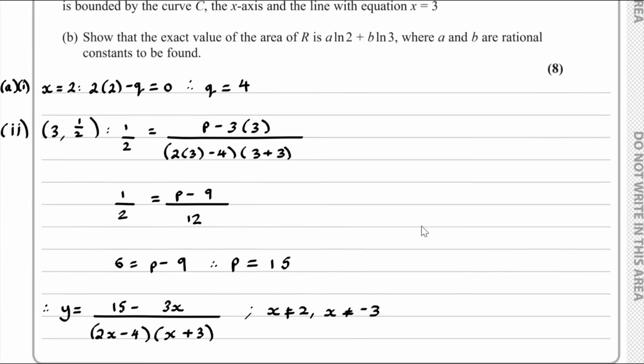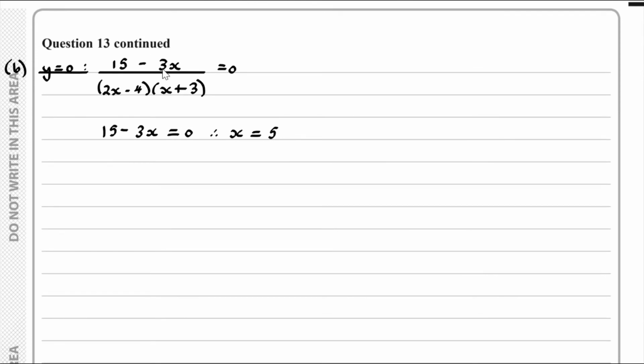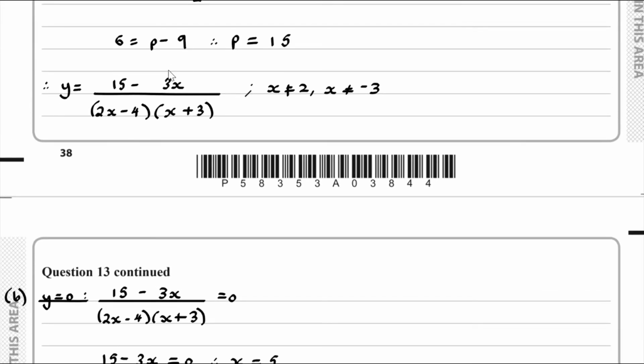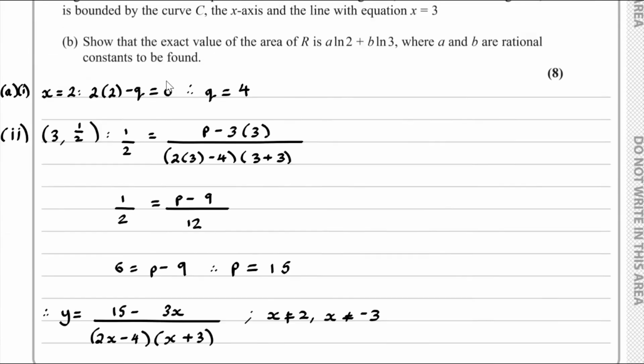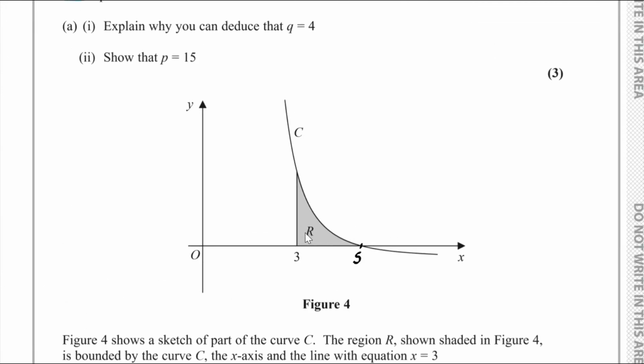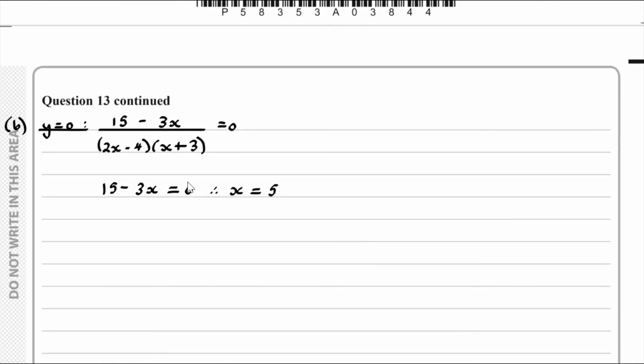Now we've got this curve C given by this equation over here, and for us to find out this area R, obviously we would have to integrate under the curve between 3 and 5, but before we do that, it would be easier if we split this up into partial fractions, and that will make our integration much easier to work with.